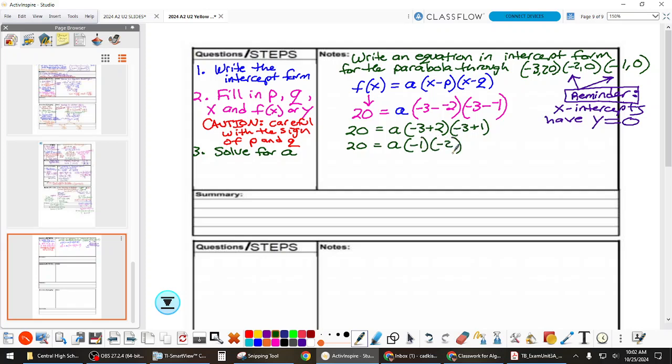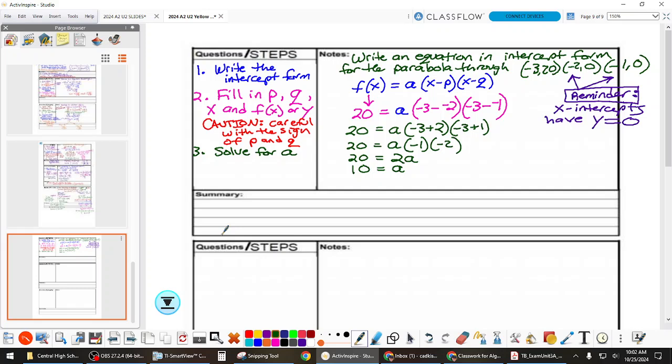Negative 3 plus 2 is negative 1, negative 3 plus 1 is negative 2. What is negative 1 times negative 2? It's 2, so this will become 2a. So what is a?